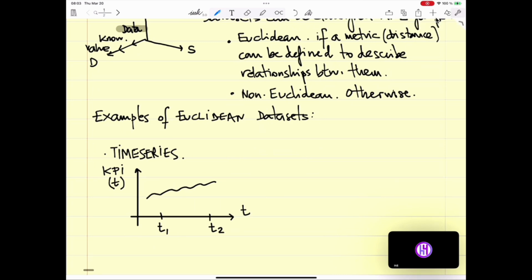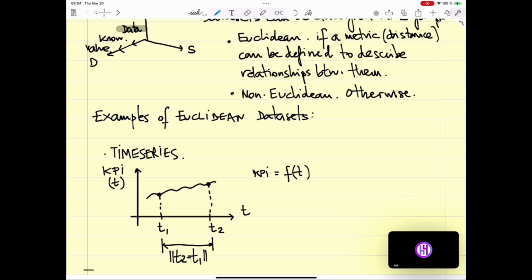And this distance is a metric. This means that the absolute value of the distance between T2 and T1 can be measured, okay? And this is something relevant that we can use to recognize patterns in the behavior of the KPI. So we have a KPI which is a function of time.